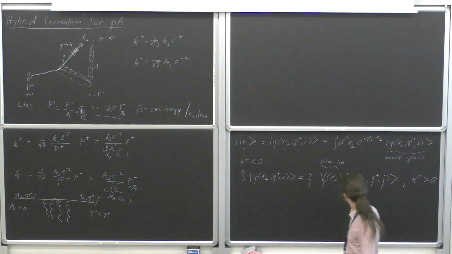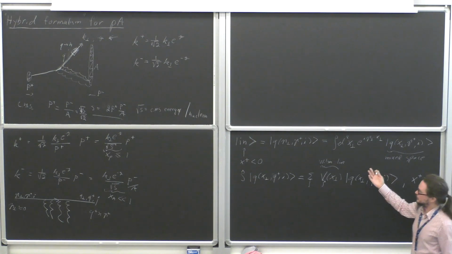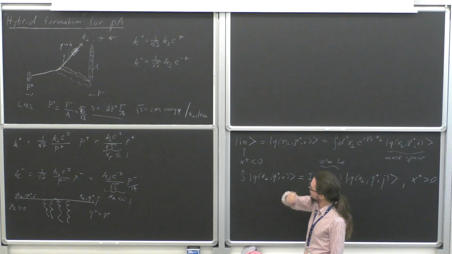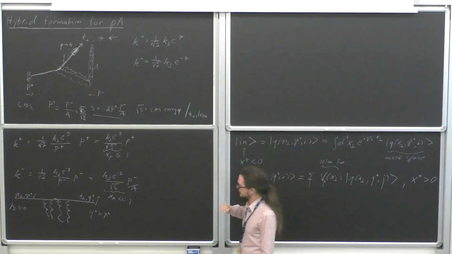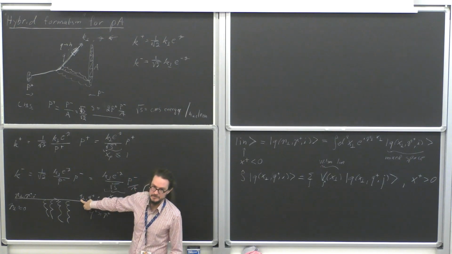So this is the outgoing state that is coming out, and then what we want is the cross section differentially in the transverse momentum.